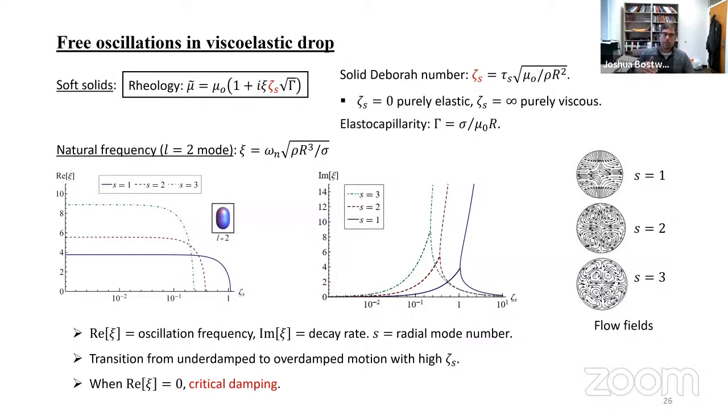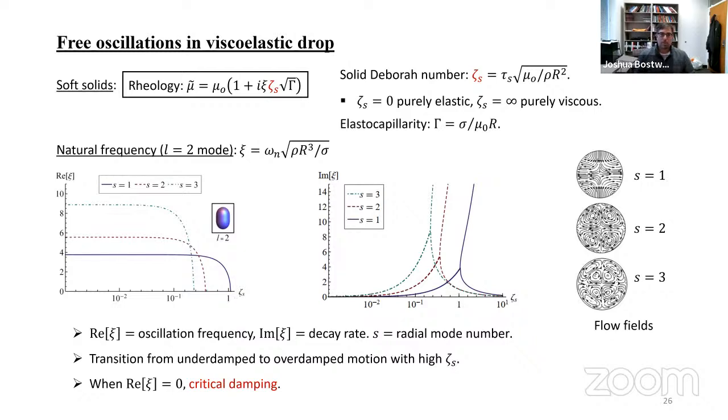And we can compute the natural frequencies for these modes. The difference here now is that the natural frequencies for a viscoelastic drop have both a real and imaginary part. The real part corresponds to the oscillation frequencies, and the imaginary part corresponds to the decay rates associated with the viscous properties. If you plot the frequency against the solid Deborah number, what you have on the left here are underdamped motions that transition to overdamped motions at a critical value of the Deborah number.